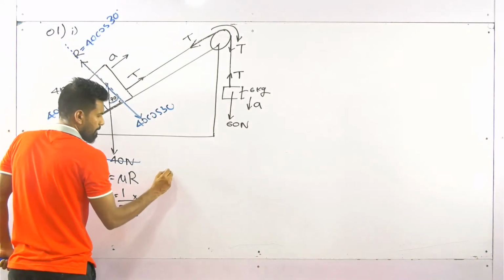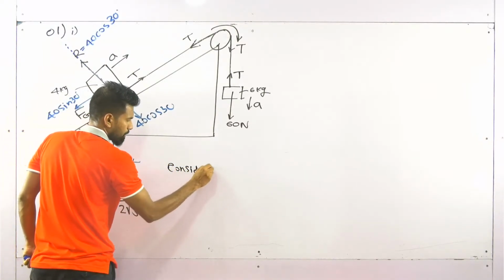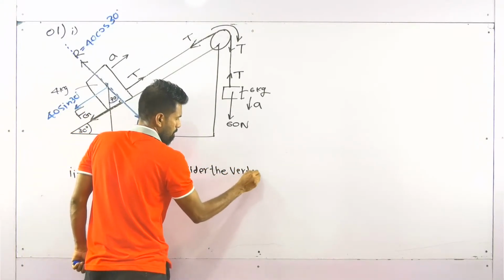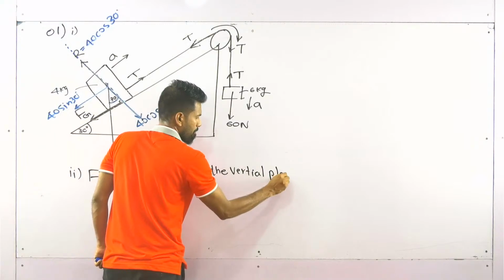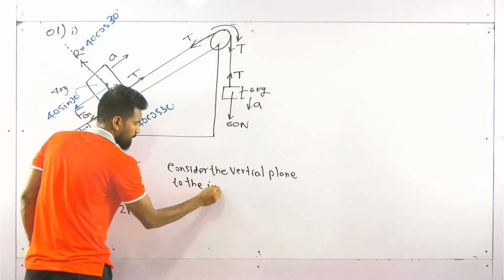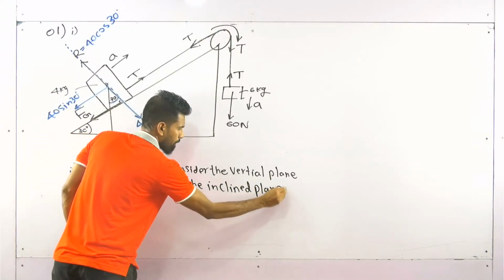You have to write: consider the vertical plane to the inclined plane. There is no motion.